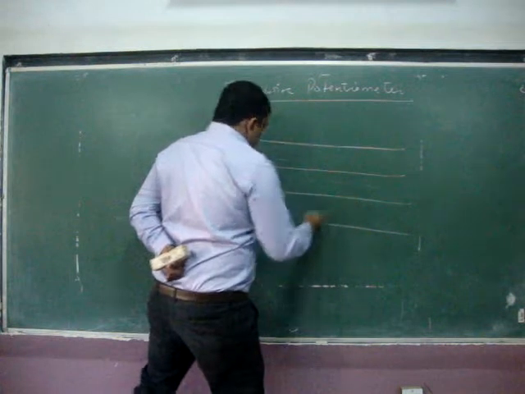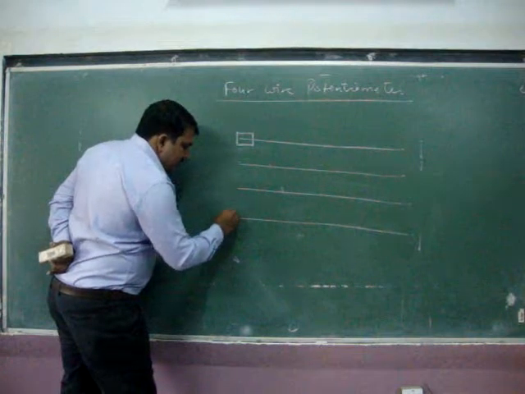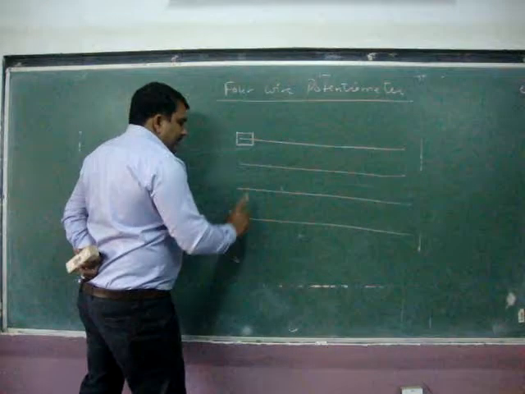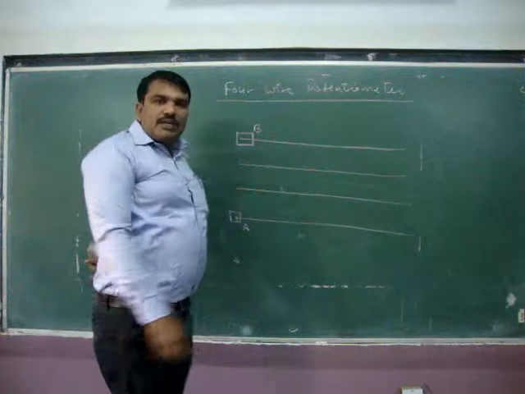And you can put another end of this potentiometer wire here. So these are the 2 ends, end A and end B. This is the end A of the potentiometer wire, and this is the end B.